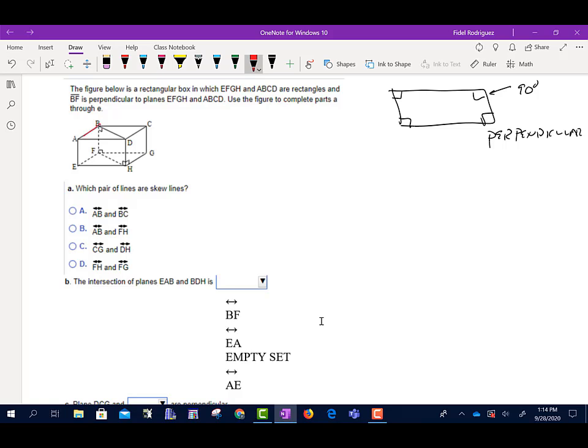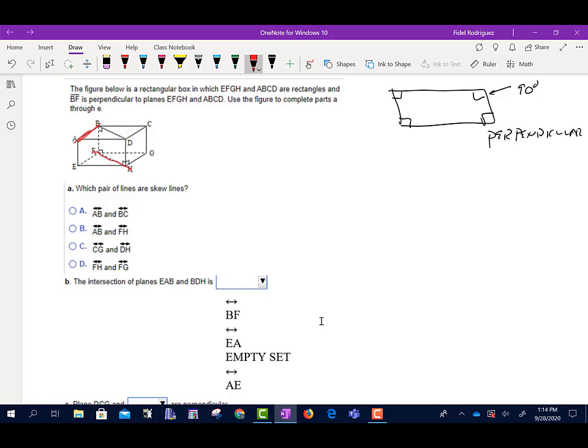So it's this line right here, and then it says line BC. Well, no, those are not in different planes because they're all in this sort of top part of that rectangle, okay? So I know that the first one is not my choice. Now, let's take a look again. Look at part B. It says line AB, okay, right here, and line FH.